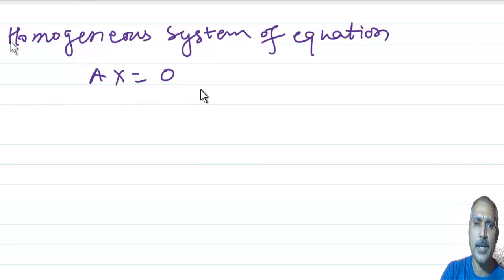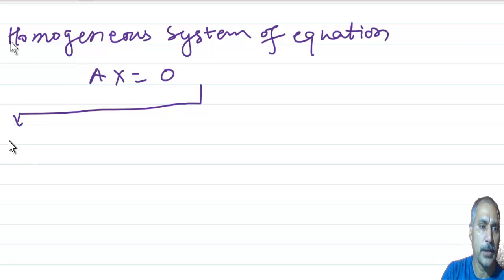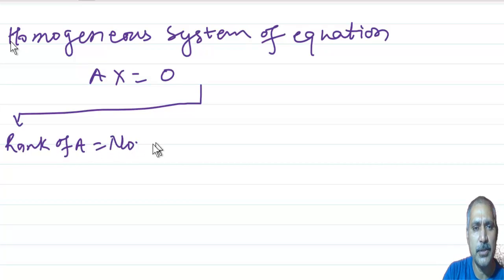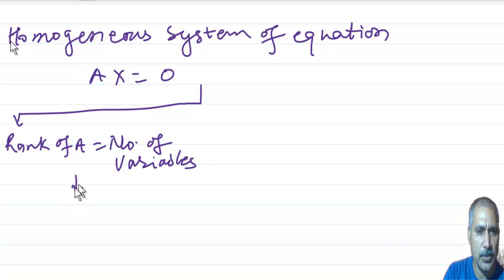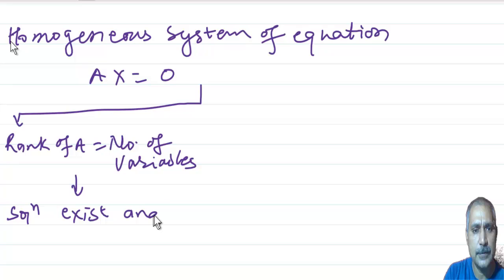Now in this there are two types of solution. The first is where the rank of A is equal to the number of variables. In this case, a solution exists and it will be trivial.